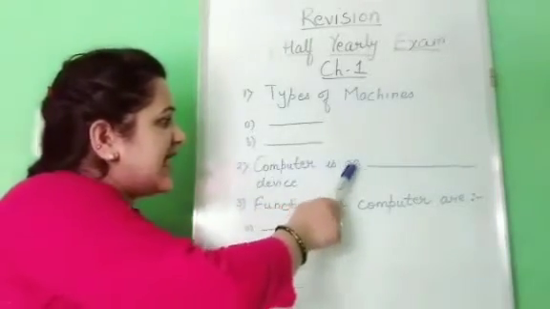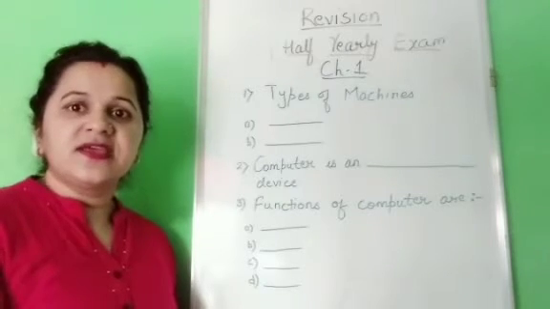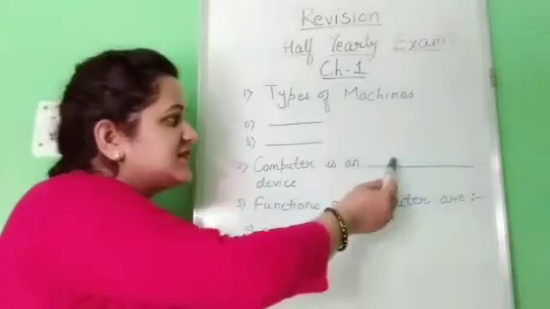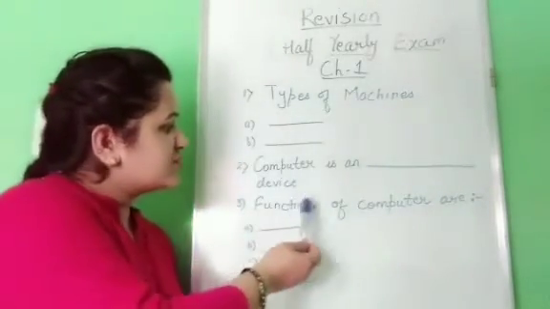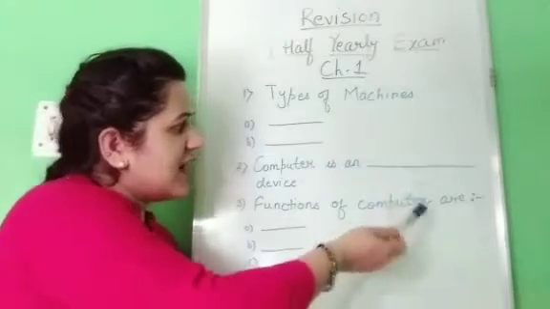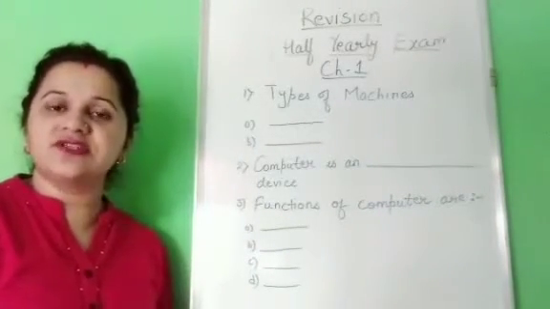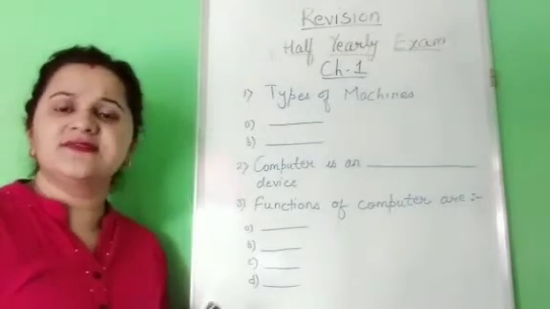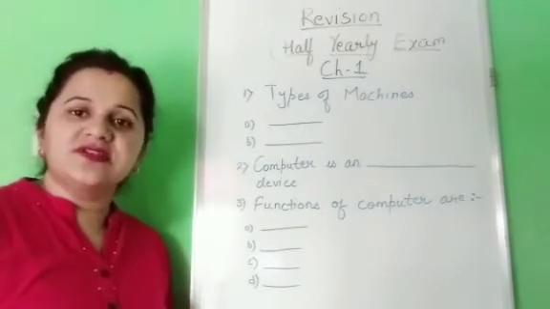Computer is an dash device. Now children, what is a computer? It is an electronic device. So write down electronic here. Next comes functions of computer. We have already discussed the functions of computer: a computer takes the input, it processes it, then it gives the output, and then it stores the data.